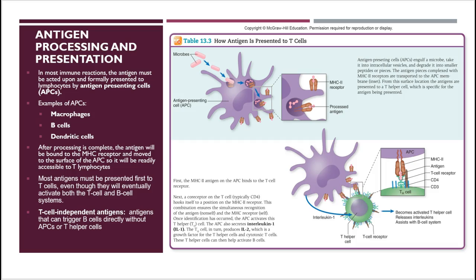Our macrophages, B cells, and dendritic cells are all going to present antigens to T cells. So these antigen-presenting cells are going to process the antigen internally, and then it will be bound to that MHC2 receptor that is then going to present that antigen. It's going to hold on to it in the receptor on the surface of the cell.